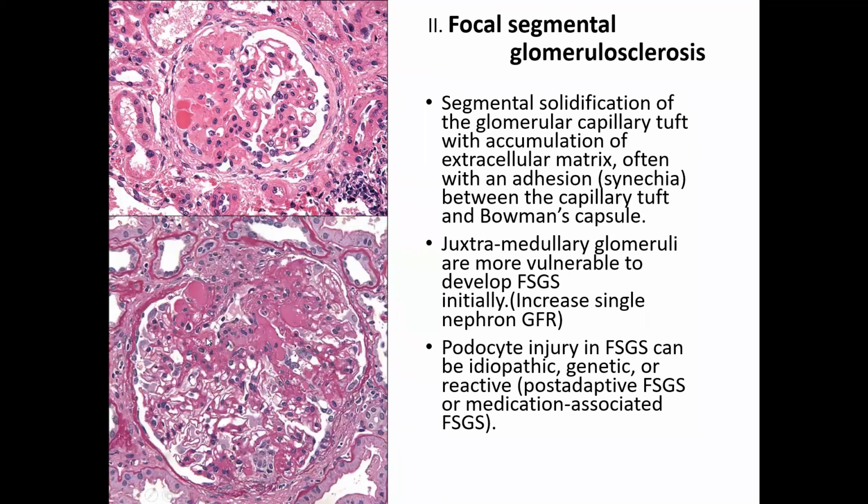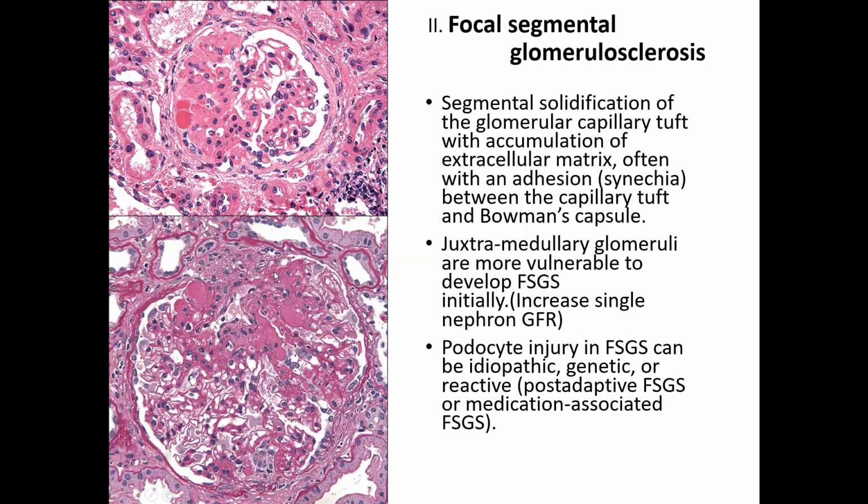This is another picture. This is hematoxylin and eosin stain, and this is PAS stain, which we do routinely for the evaluation of renal biopsy. There is segmental solidification of the glomerulus with some synechial formation.